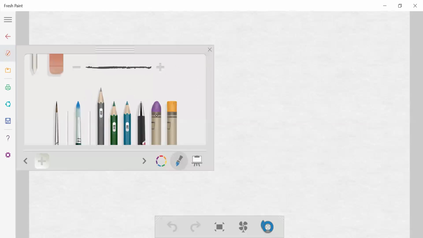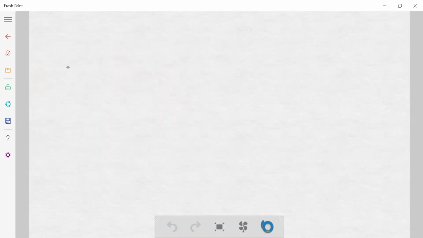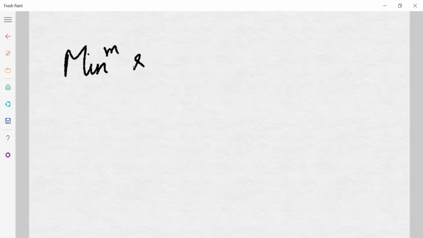Now we have to check whether this is satisfying the minimum steel requirement or not. We have got that area of steel is 651, but we have to check the minimum steel.